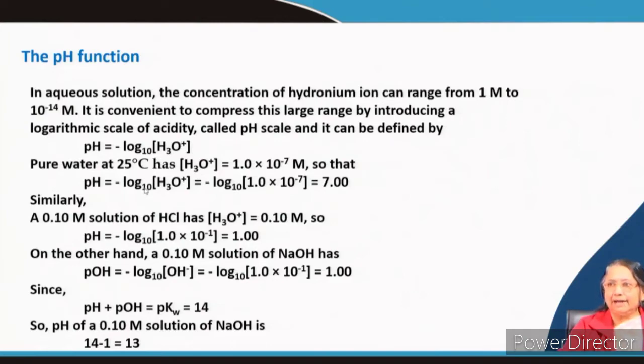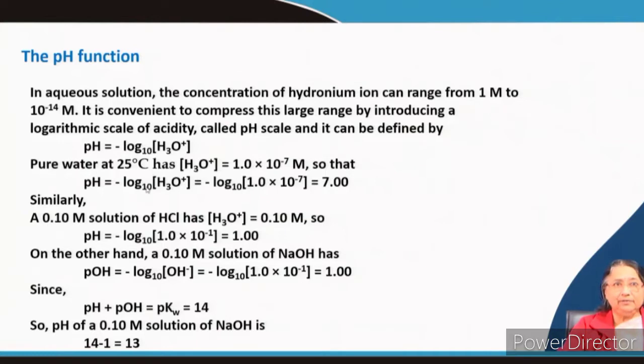Pure water at 25 degrees centigrade. Why the temperature is important? Because we all know that the equilibrium constant depends on the temperature, and I will show you the different values of the equilibrium constant of water dissociation, and you will see how it varies from temperature to temperature.